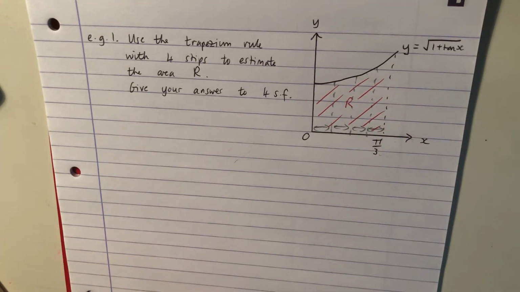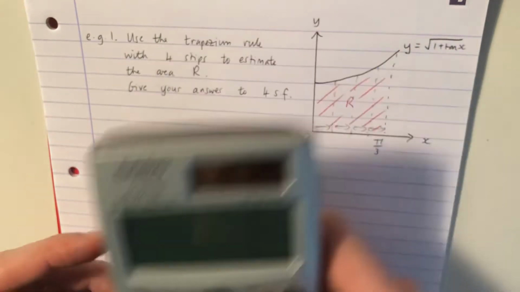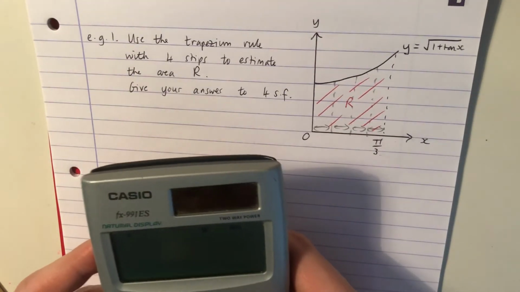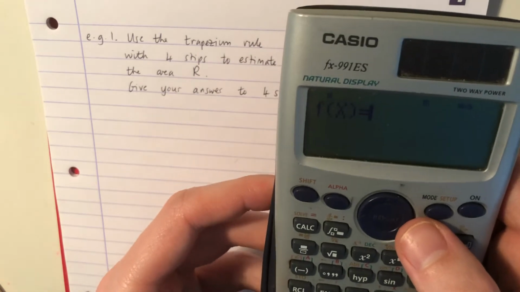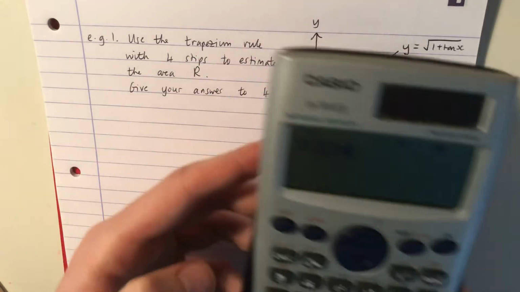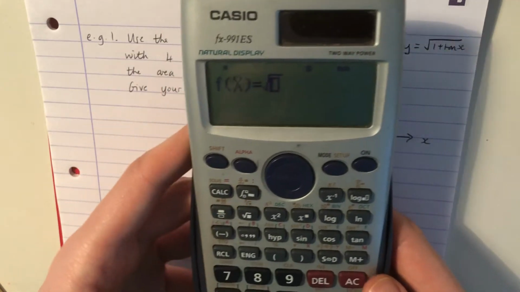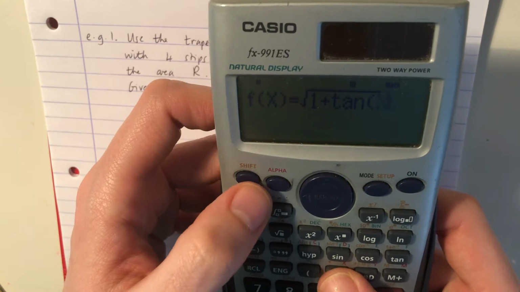So let's organize everything in a table, because your calculator can do this for you as a table. If I chose the table function, which is 7 for me, f of x is my function, my curve. Square root of 1 plus tan x, like so.